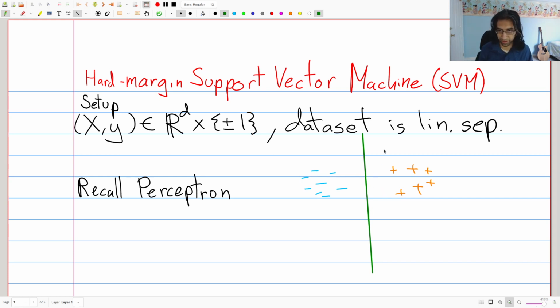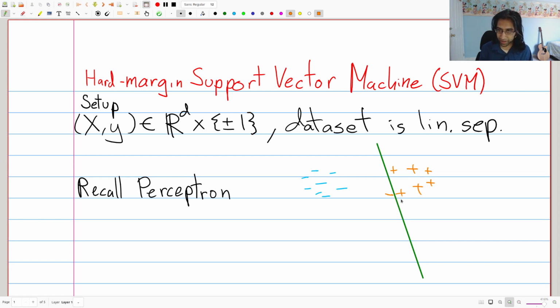It might not find this. It might find something more like this or something very close, which might be bad in terms of generalization properties. For example, if you got a bit more data, maybe you would have something that falls over on this side, and that would indeed be an incorrect prediction. It would be predicted as a -1.